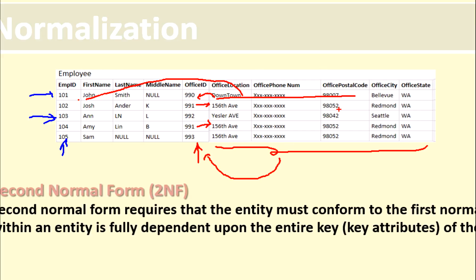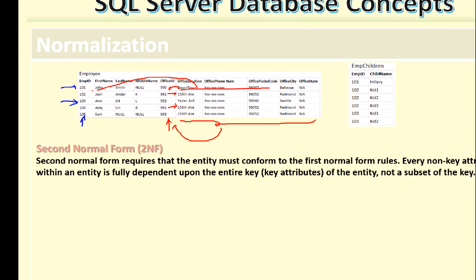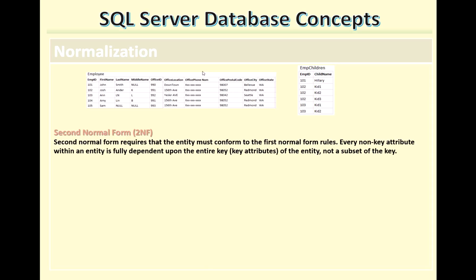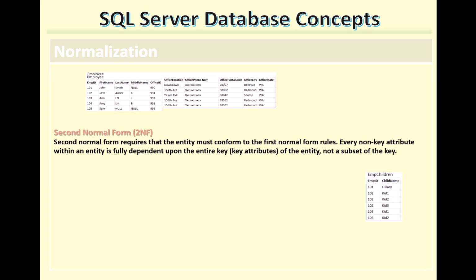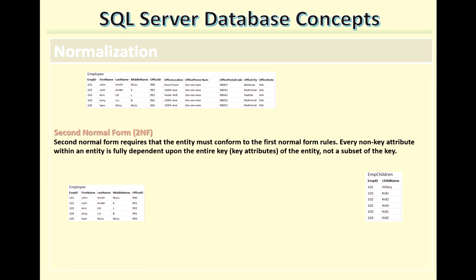Any column or any data that is not directly depending on the primary key, the entire key, take them out. So if you follow the second normal form, what happens? We still have employee as is, and then we split the table into two parts.